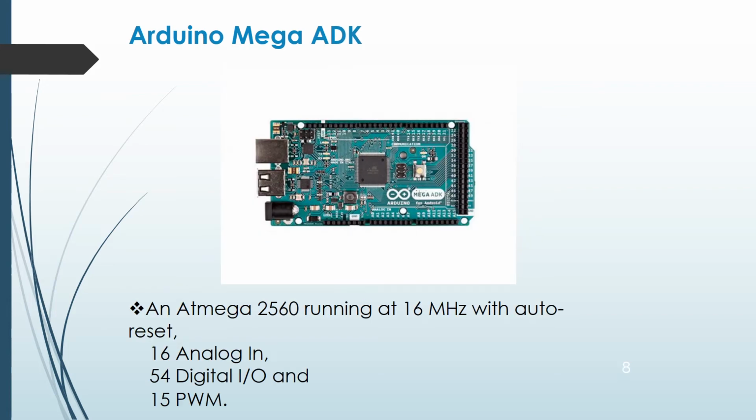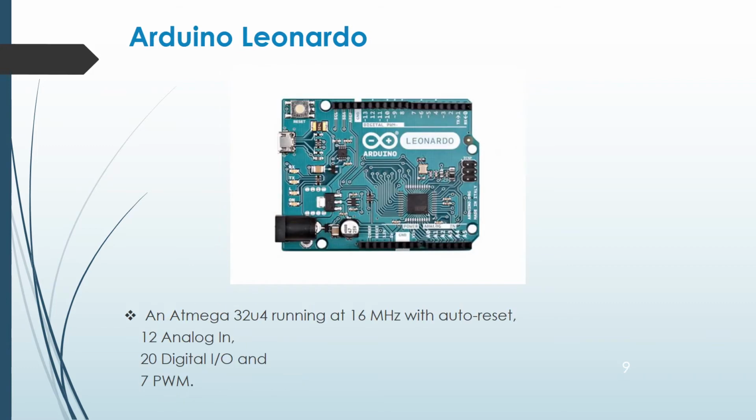Next is Arduino Mega ADK. This is having a feature which is more than the other categories. So ATmega2560 running at 16 MHz with auto reset, which is having 16 analog inputs, 54 digital input output, and 15 PWM. Next is Arduino Leonardo.